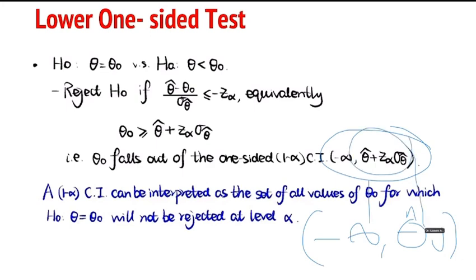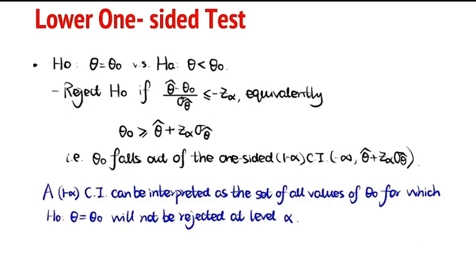If I want to make a decision regarding a lower one-sided test, I'm going to use the upper one-sided confidence interval. I'm going to say that again: for a lower one-sided test, I use the upper one-sided confidence interval. And when theta naught falls outside of that, I'm going to reject.